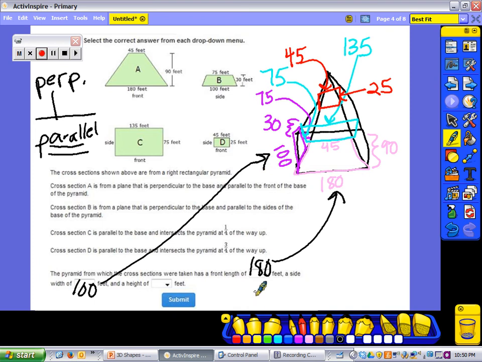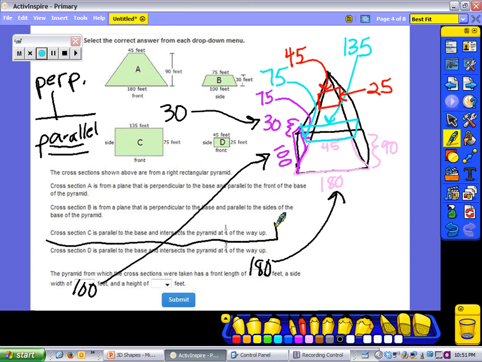Now, we've got to think about the height more than the other parts, because it tells me here that the height there is 30 feet. Well, it tells me in part C that that distance up is 1/4 of the way. So we can take 30 and multiply it by 4, and we get a height of 120.